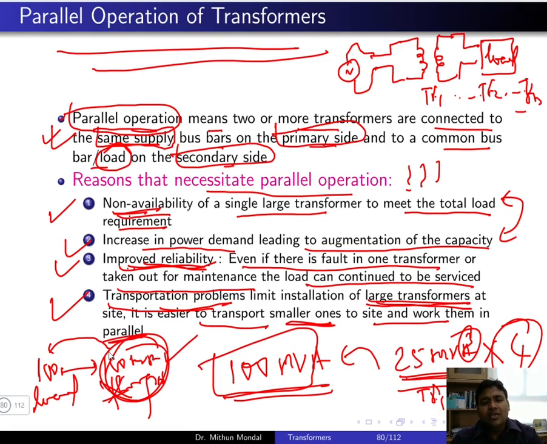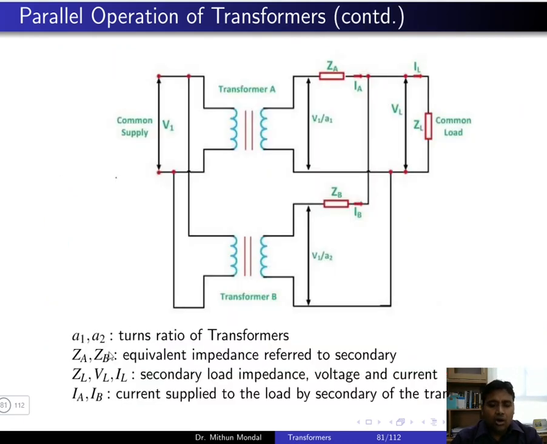So in that case, small single phase transformers are carried and connected in parallel so that the power requirement of that particular area can be fulfilled. So these are a few of the reasons for parallel operation.